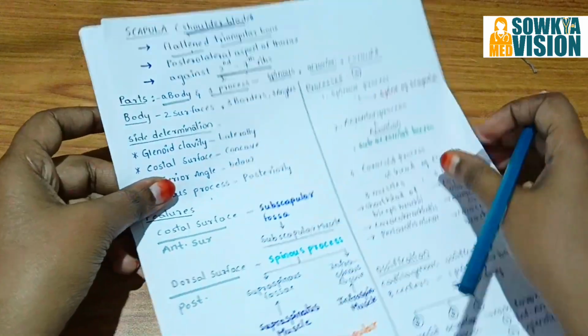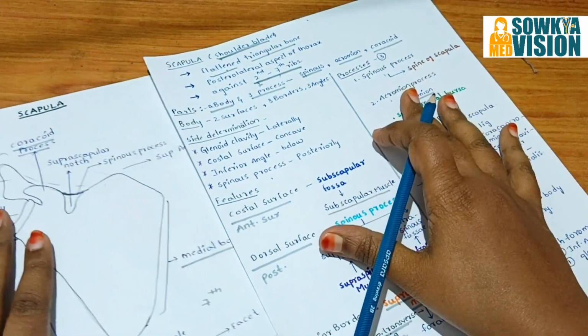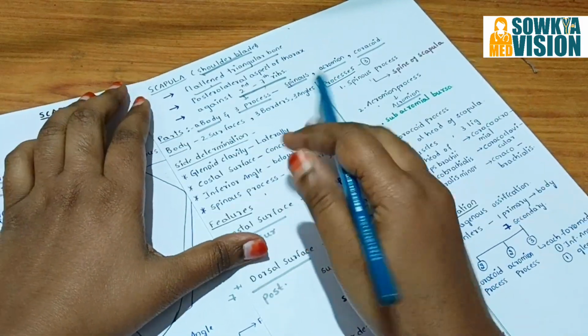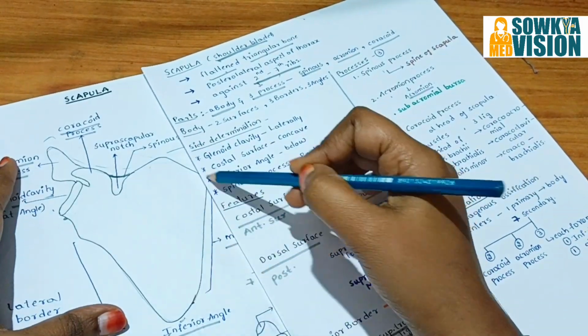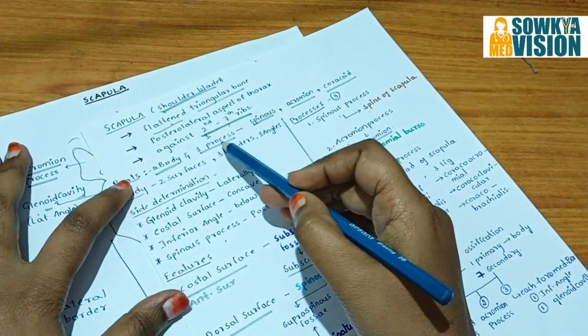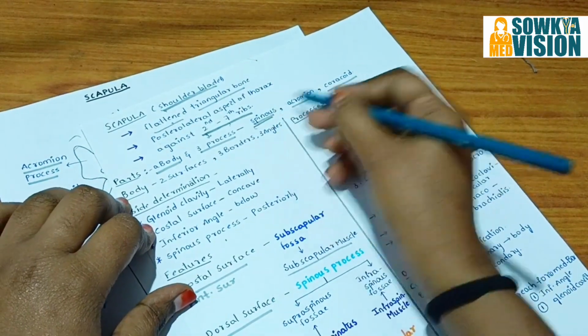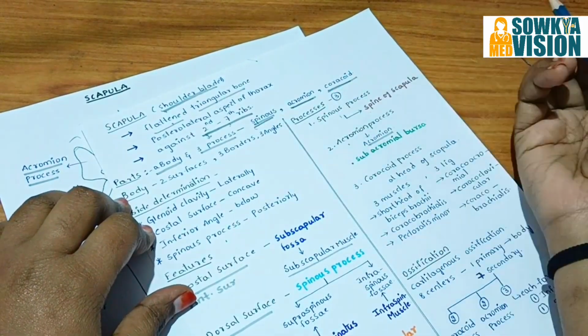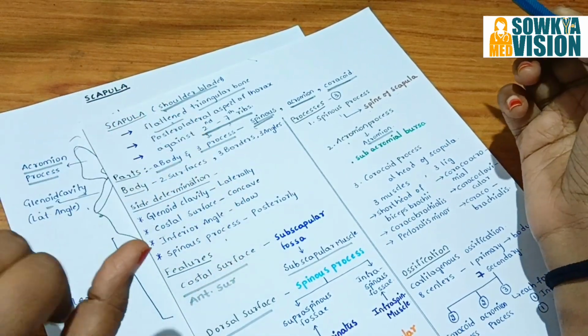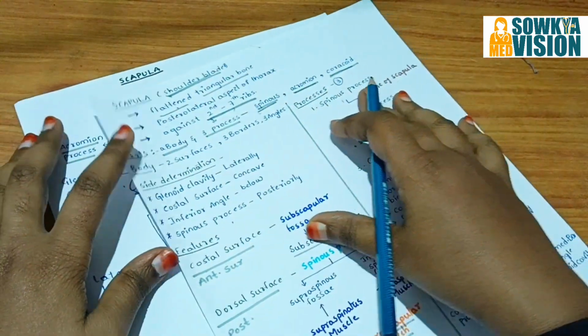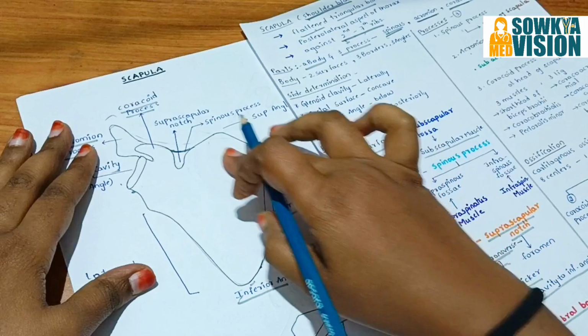Now let's see the parts of the scapula. It has a large body. This is the body of the scapula, and it contains three processes: the spinous process, the acromion process and the coracoid process. Let's imagine this is the body of the scapula.